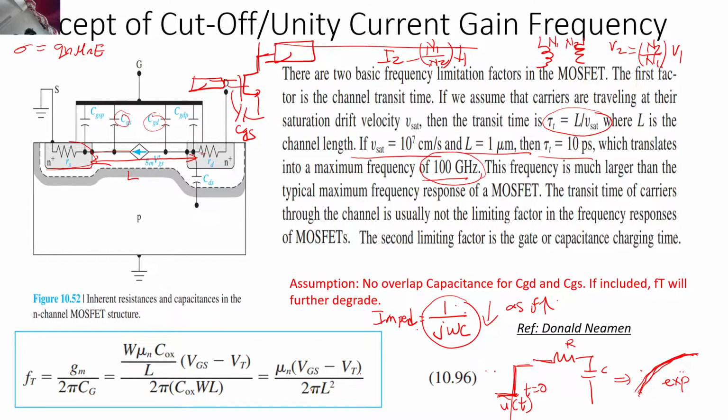Now I do see some current coming at the output also. What is the MOSFET? It is a voltage controlled current source. You apply some gate voltage and depending on that you get a drain current. Now I want this functionality to remain as it is. How am I getting the voltage at the output? You may have some load resistor over here. When the current passes through that load resistor, it will generate the voltage there.